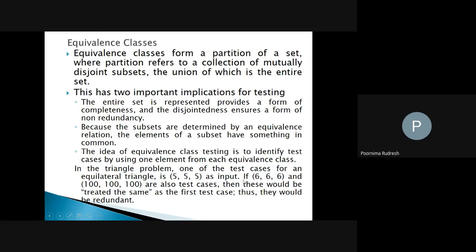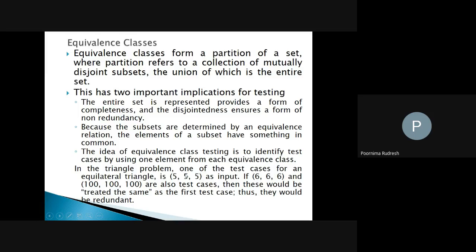We can consider any one of the test cases, and that will be considered as the equivalence class, and will be used for testing the implemented program. So these are redundant, and if we consider all these as the same and keep one test case, by eliminating the remaining two test cases we can avoid the redundancy.